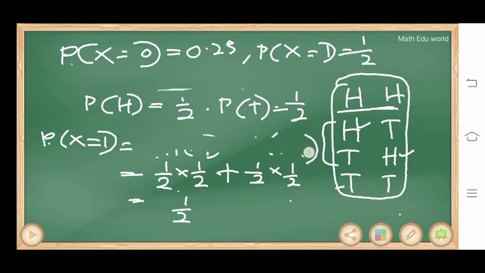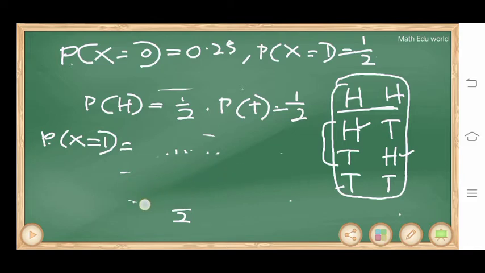Our last part is when both the faces are heads. If both are heads, that means probability of X is equal to 2, which is the probability of head and head.